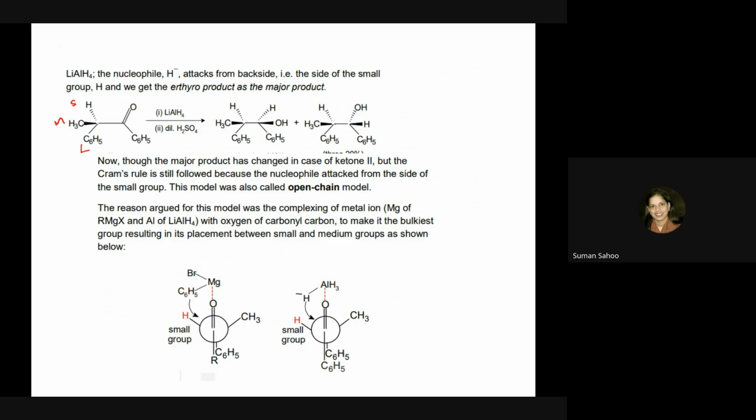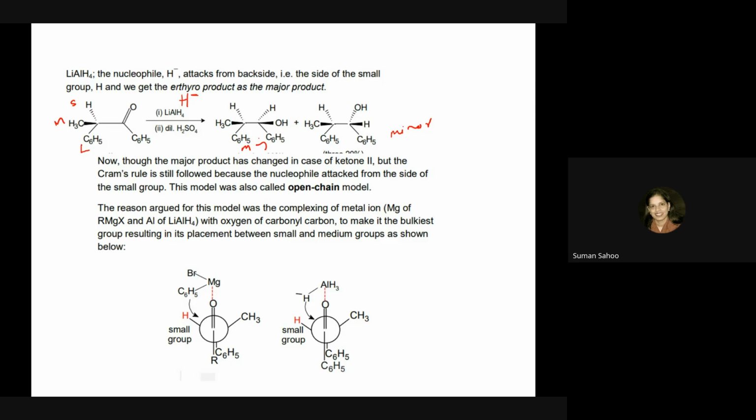The incoming nucleophile, the hydride from lithium aluminum hydride, H minus, will attack from the side of the hydrogen. That would be the major product, and this would be the minor product, where hydride is attacked from the medium sized side.